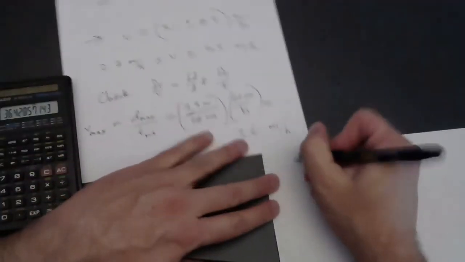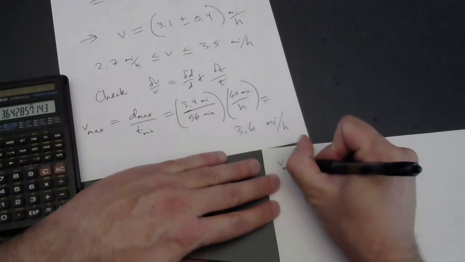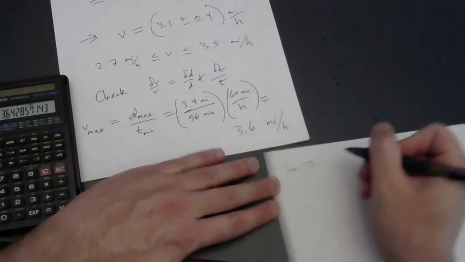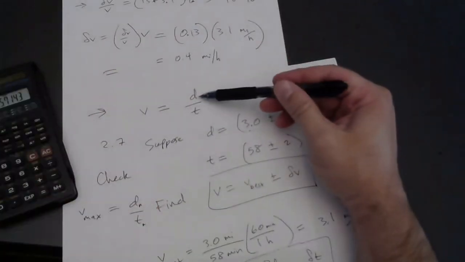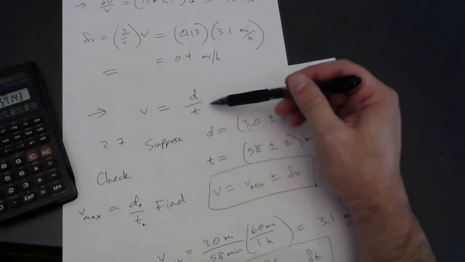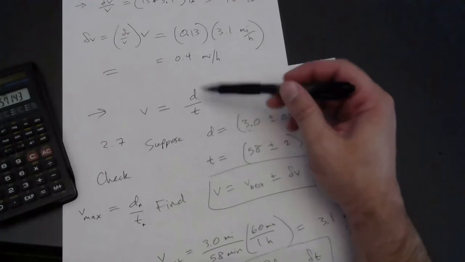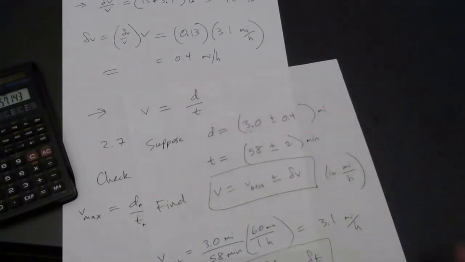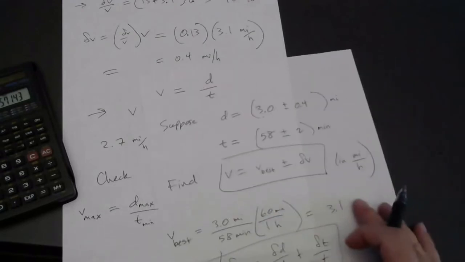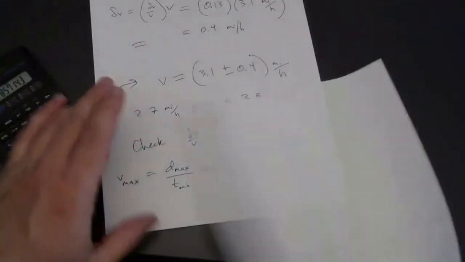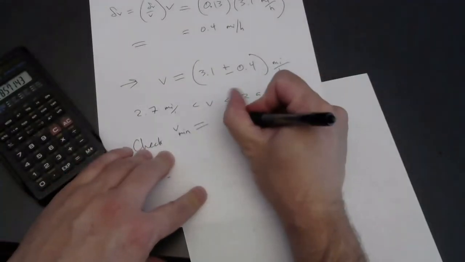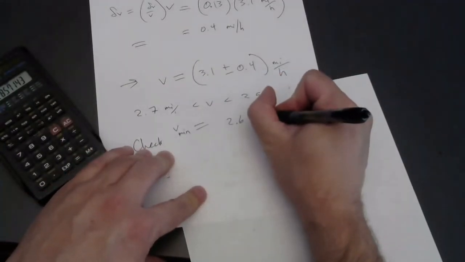What about the lowest likely value for your walking speed? If you plug in your lowest likely distance and your highest likely time, that would give you the lowest likely value for your speed. You may have walked as little as 3 minus 0.4, or 2.6 miles.